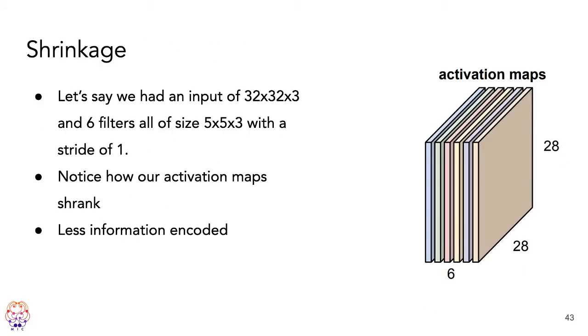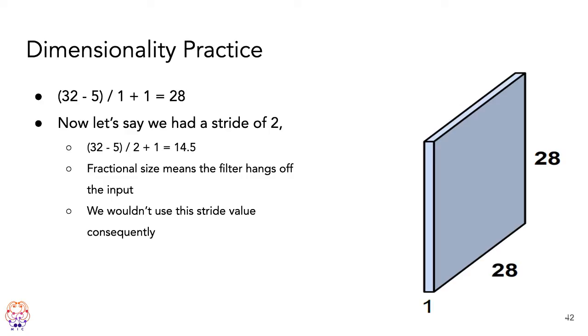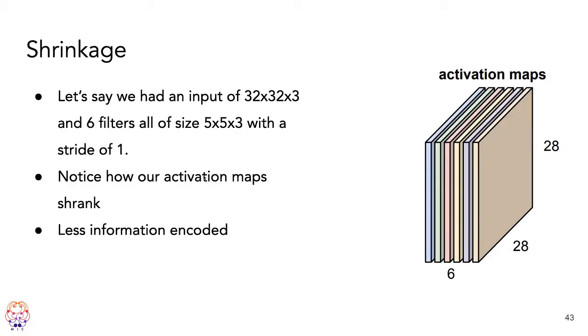So as we noticed, this shrank the image. Sometimes when we shrink images, we're losing features and information. You can shrink an image by having a larger stride, because if you divide by a larger number, the result becomes smaller. If we want to maintain the dimensionality, we can add something called padding.